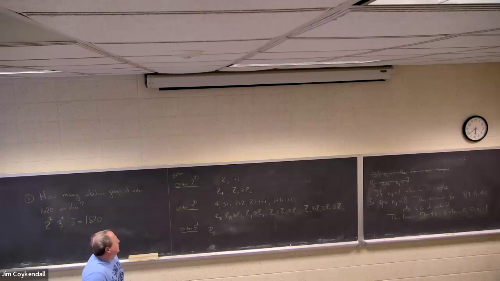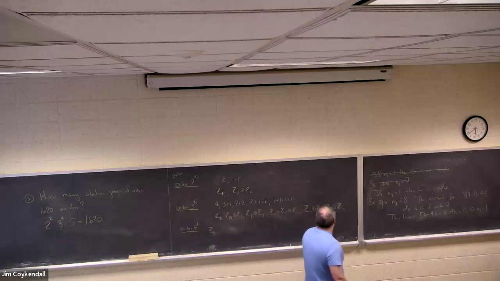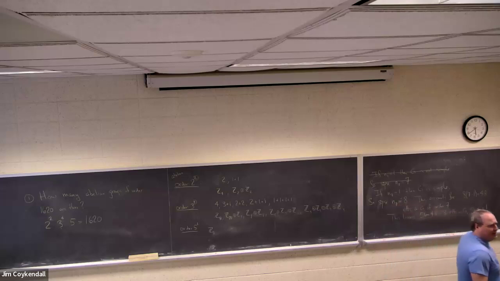So somebody tell me how many abelian groups of order 1620 there are. What's my grand total? How many different groups of order 1620 that are abelian?